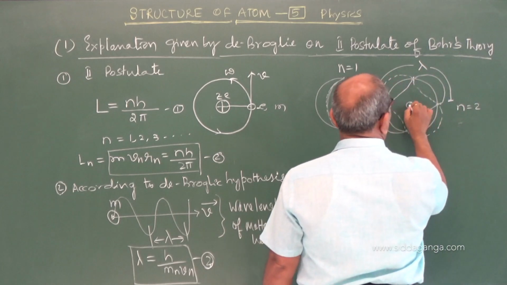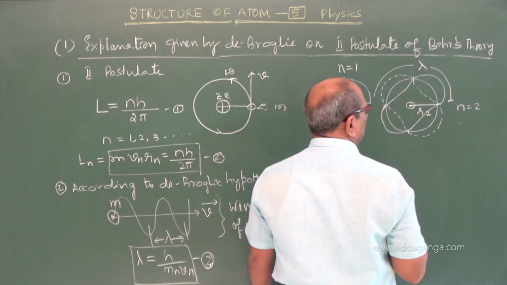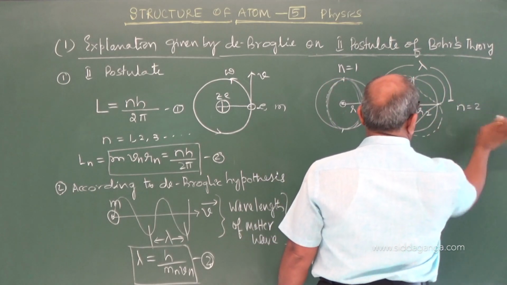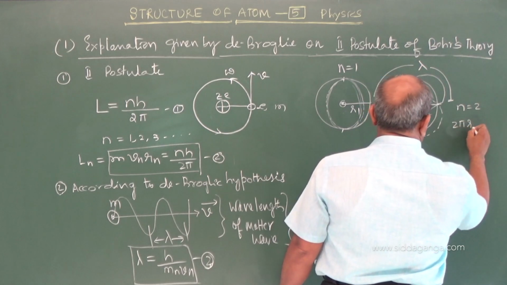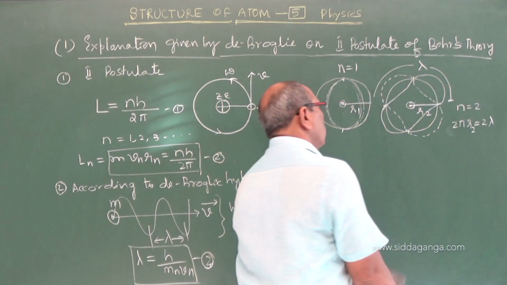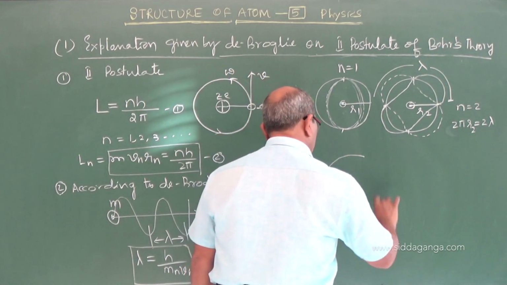If it is of radius r2, if it is of radius r1, then for r2 the circumference is 2 pi r2, which is 2 lambda. And similarly you can go for the third, next one.